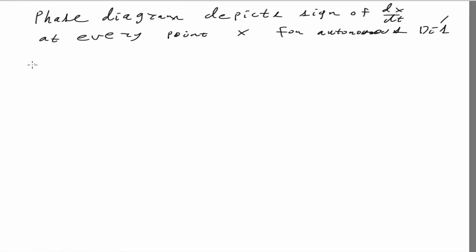So let's think of an autonomous DE. Again, we'll go back to our example, dx/dt equals 2x.